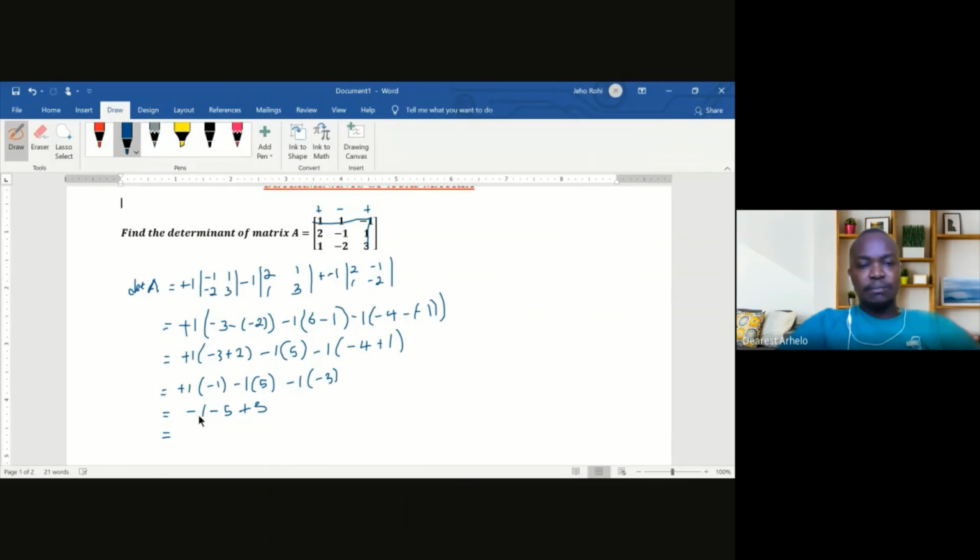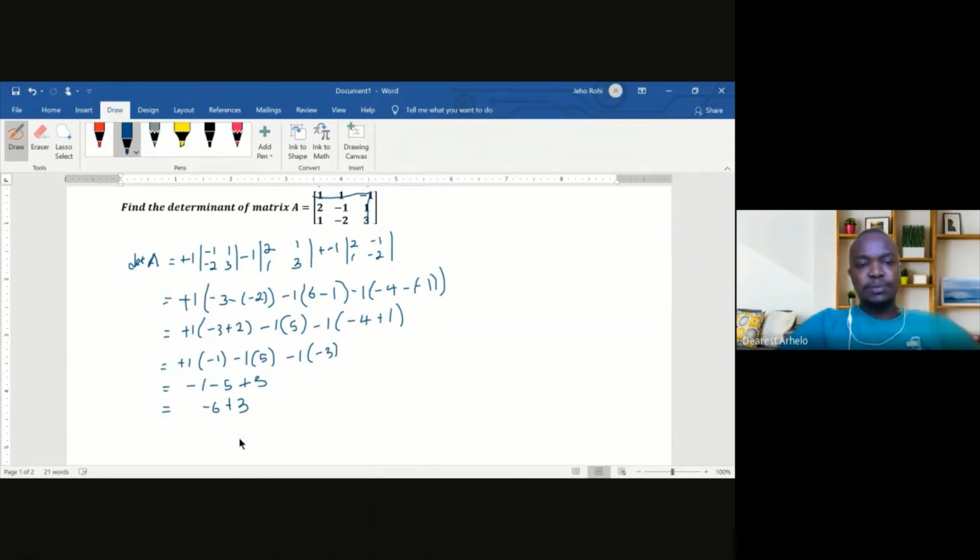So what next? Minus 1 minus 5 is negative 6, plus 3. So minus 6 plus 3 gives us minus 3. So the determinant of matrix A is minus 3.